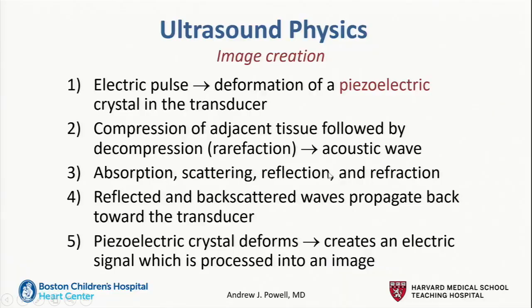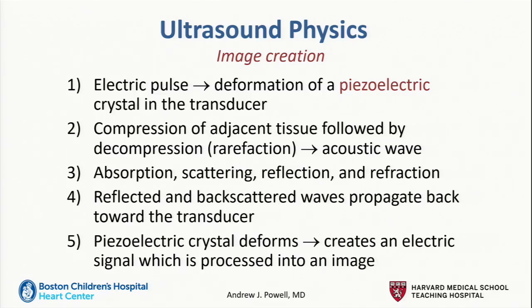All right. So having done those 4 different types of interactions, let's move on and talk a little bit about image creation in ultrasound. It begins with the ultrasound machine sending an electrical pulse to that transducer. And in that transducer, at the tip of it, there's something called a piezoelectric crystal. Essentially, you can forget that word probably and just think of these as magic crystals, because that's really what they are.